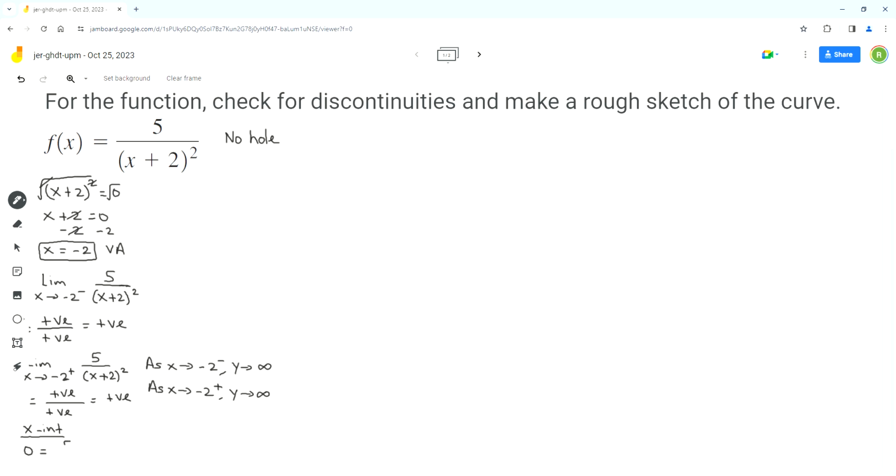So we get 0 = 5 over (x + 2)^2. Now here there is no x in the numerator. So if we cross multiply the denominator, we get 0 = 5. That means there is no x-intercept for the rational function.